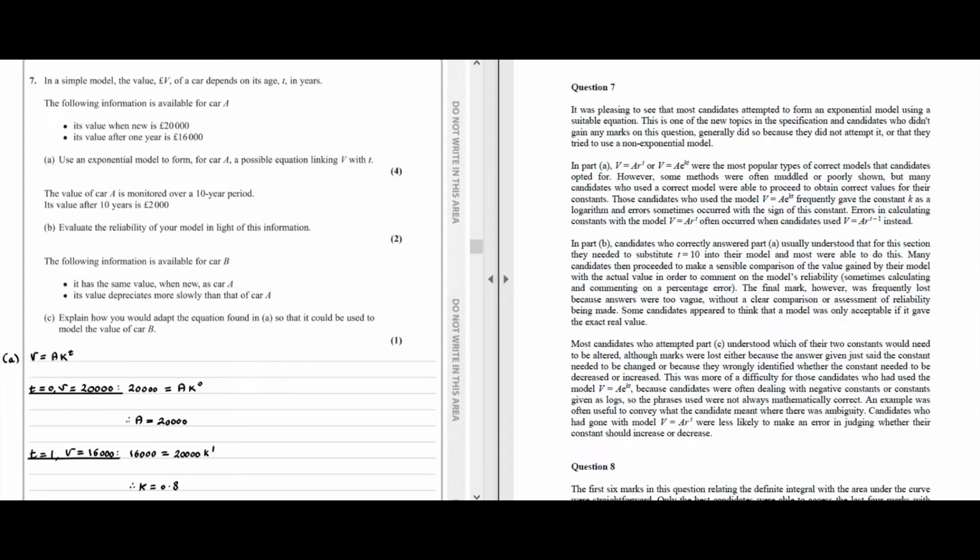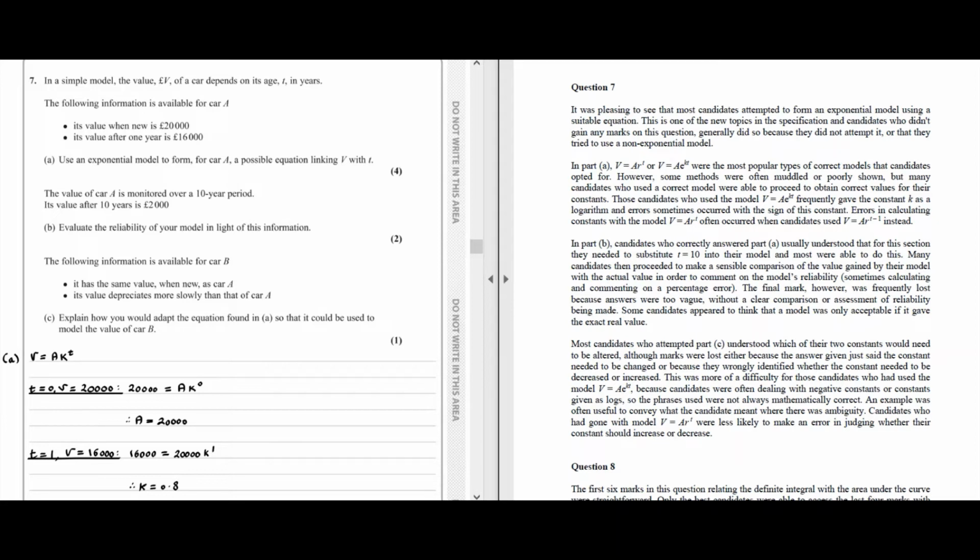Question 7. It was pleasing to see that most candidates attempted to form an exponential model using a suitable equation. This is one of the new topics in the specification, and candidates who didn't gain any marks on this question generally did so because they did not attempt it, or because they tried to use a non-exponential model.